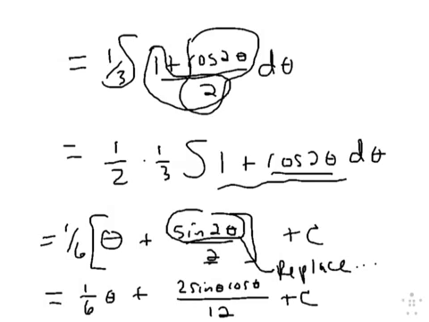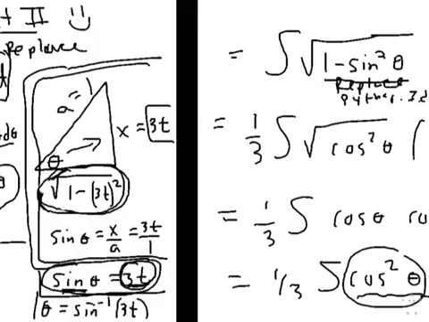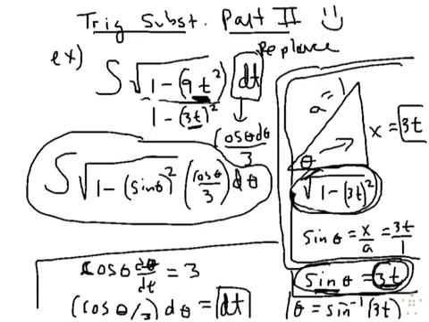Now, when you arrive here, life is good, but you have to go back to your original variable. So you have to think about what theta was and what sine theta was. Go way back to the original slide. See?